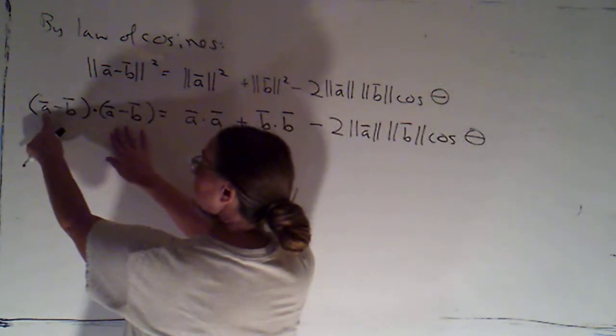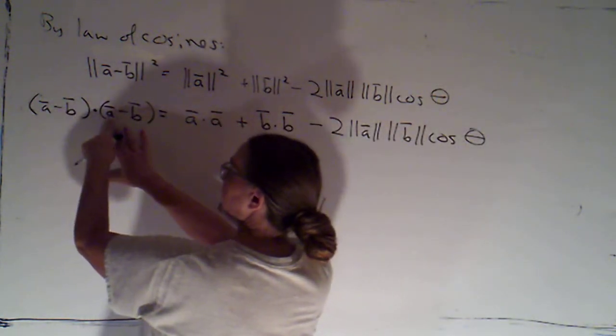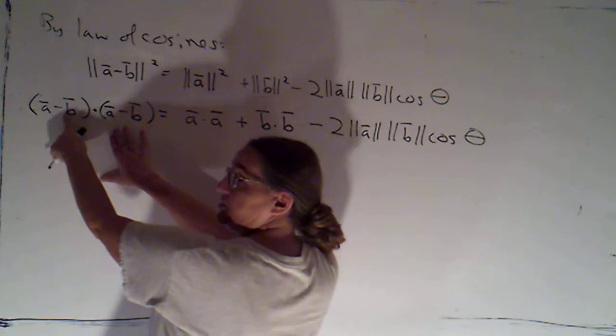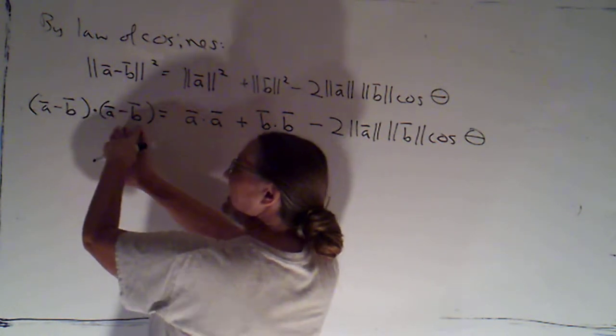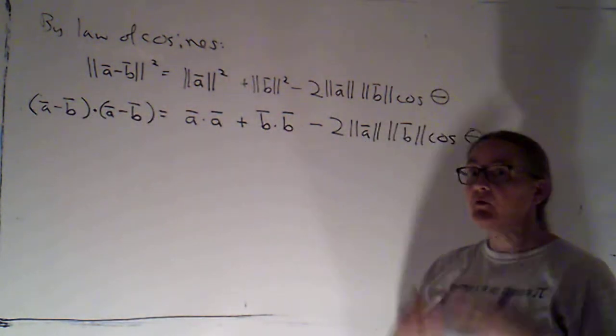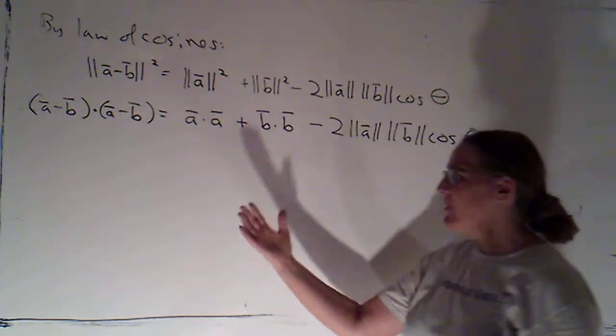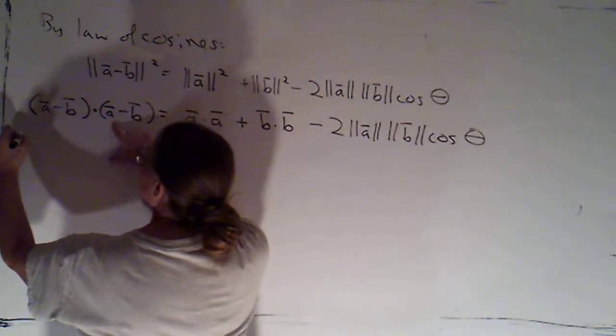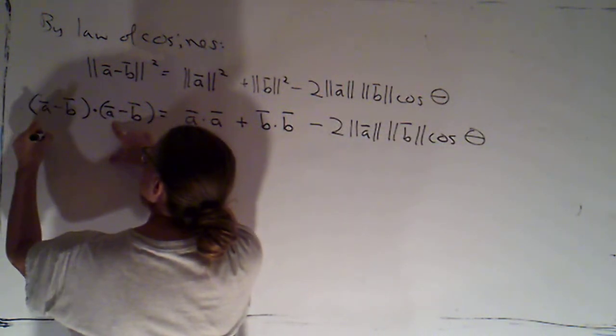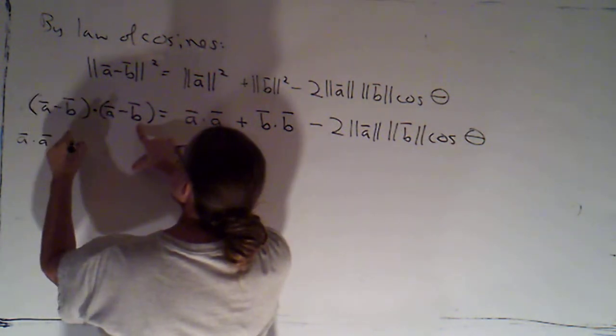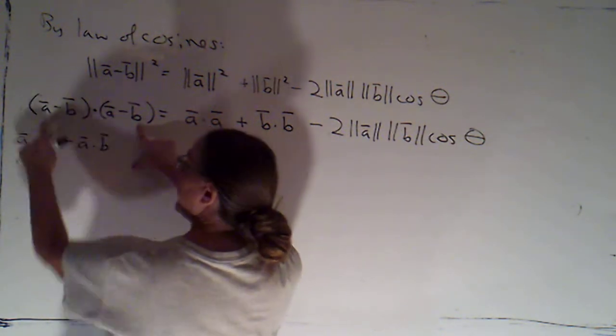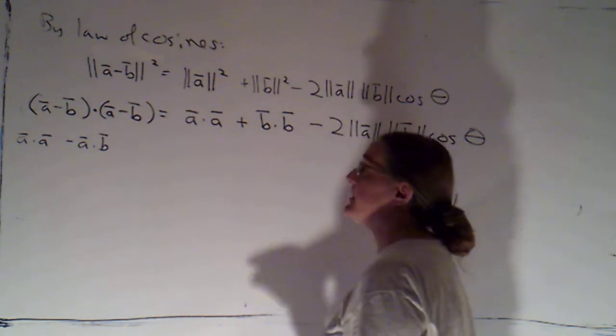I'm going to distribute this A to both this A and this minus B, and I'm going to distribute the minus B to both this A and this minus B. So the distributive law holds, so I can go ahead and do that. I'm going to write it out as A dotted with A minus A dotted with B. So there I've distributed the A to both pieces.